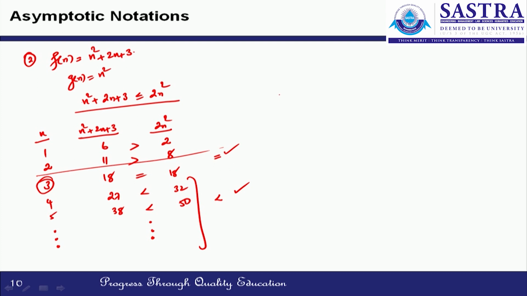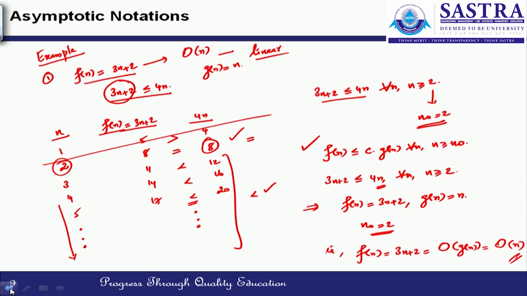So, we can write n square plus 2n plus 3 is less than or equal to some constant, we assumed the constant c is equal to 2, into n square. In the previous example, what is this 4? We are assuming the constant c is 4.